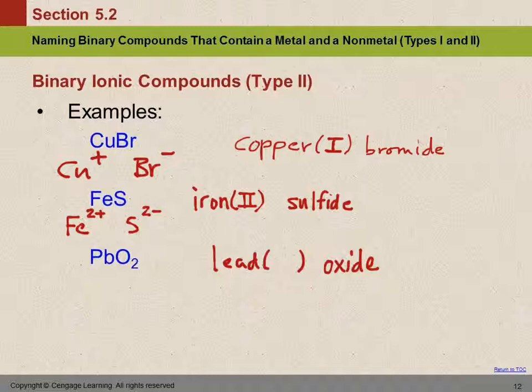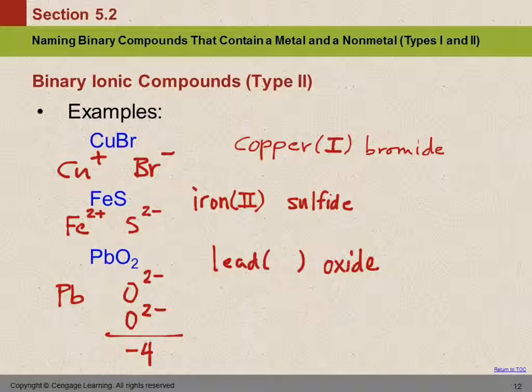So we need to look at the charges here. Now this one's a little more complicated. It's not just one of each. So we've got one lead ion and two oxygen ions. And each of the oxygen ions has a charge of what? -2. So there's -2, and this one has a -2. And when we add those up, we get -4.